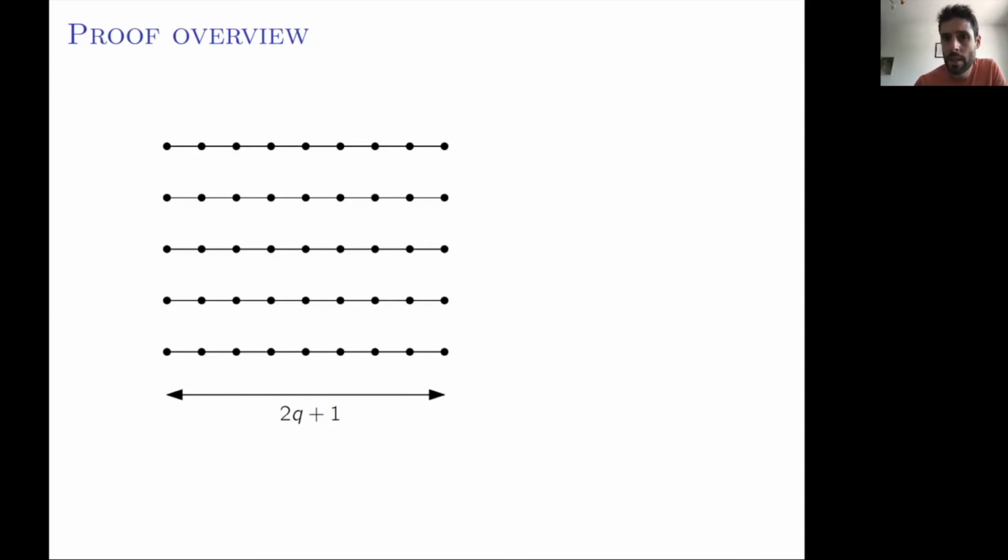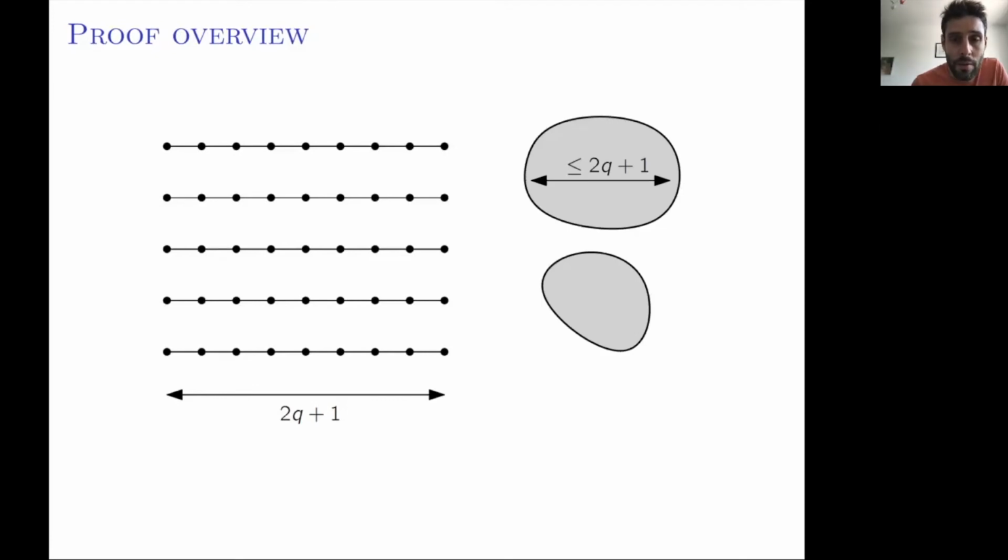In particular, in the remainder of the graph, if you remove all these paths, all components have small diameter. Because if some component had large diameter, you could take a shortest path between 2 points that are far apart, and it would be an induced path on 2Q plus 1 vertices, and you could add it to the family. So all remaining components have bounded diameter, so you can color them easily.